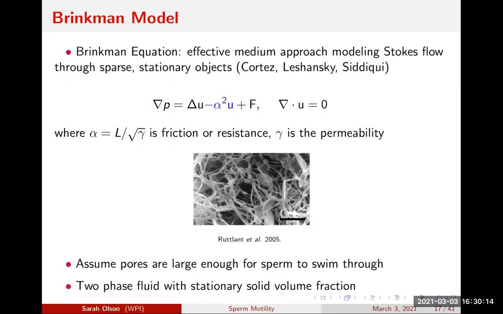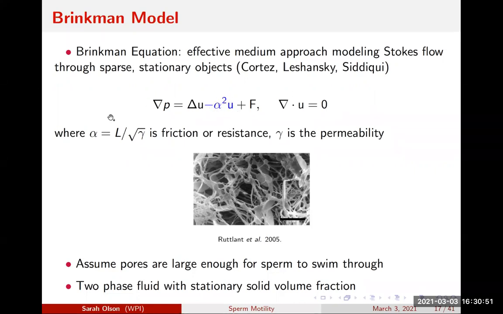Instead of actually modeling each one of these proteins and how a swimmer is interacting with each one, we're taking that homogenized approach and saying, if you have either a randomly oriented or some known network that's fairly sparse on average, then in this effective medium approach for these sparse stationary objects, we can think about the extra resistance from those proteins or whatever they are in the fluid as being represented by a single resistance term or damping term.